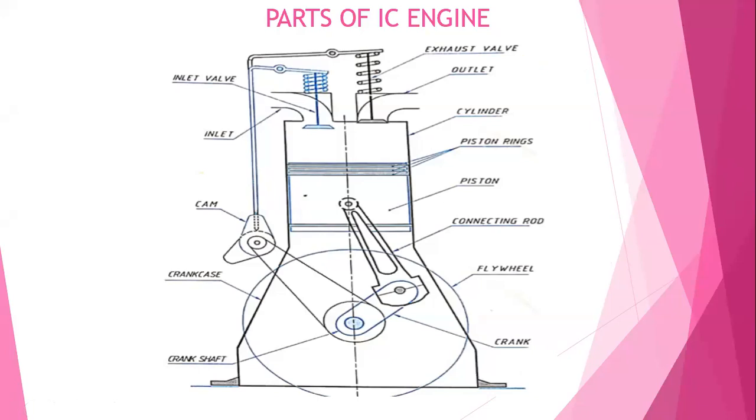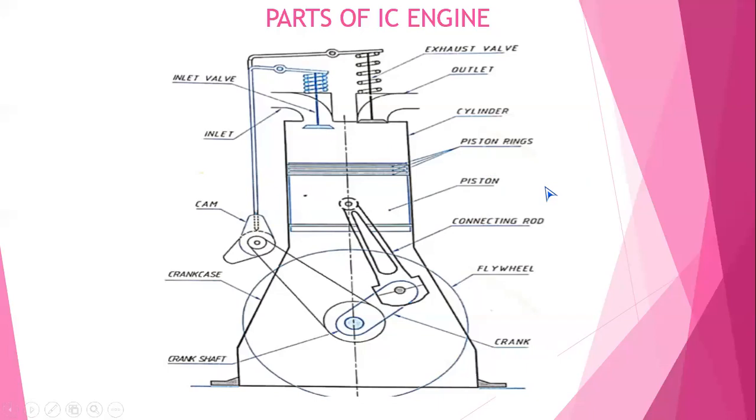For example, the piston. The piston moves up and down in the cylinder and creates the vacuum. Due to that, suction as well as exhaust takes place. Like that, write down the explanation in your own sentences.